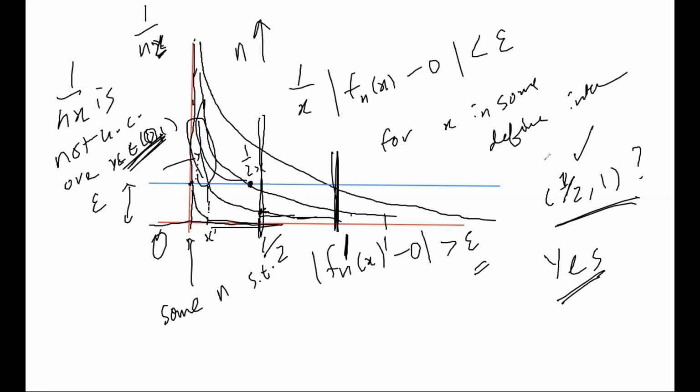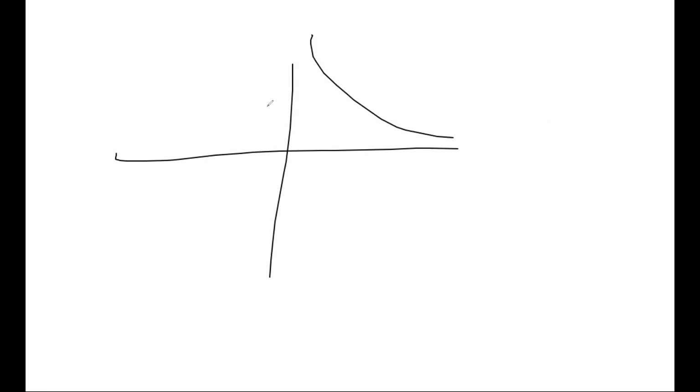Doctor, what if they gave us x going from minus 1 to 1? Minus 1 to 1, so you have to draw the other side. It will be something like this, and then minus 1 to 1.